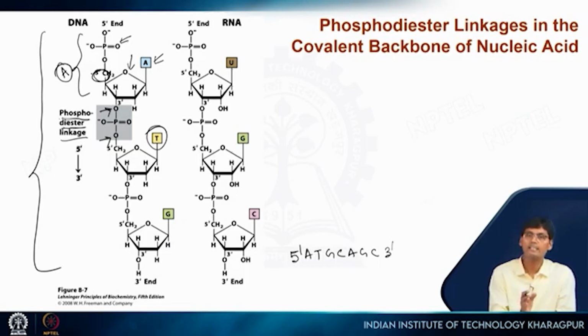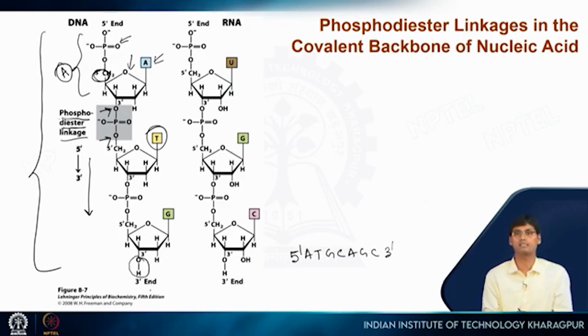So DNA can extend only in this direction, from 5 prime to 3 prime direction, as you can see here. At the bottom end, the 3 prime OH is free here. So again, another nucleotide can be attached here by some reaction, which we will discuss later. Again here another phosphodiester bond can form and another nucleotide can be attached.